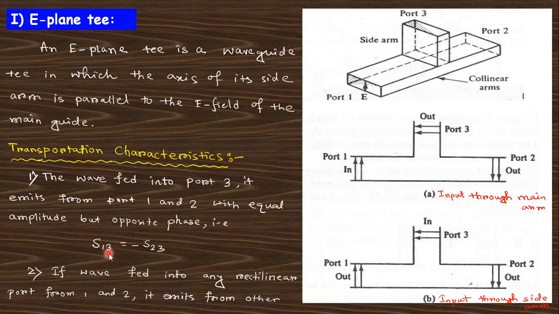You know this scattering parameter very well because we already discussed it in the previous lecture. S13 means the microwave transmitted from port 3 to port 1, right? And another scattering parameter, S23, is the microwave transmitted from port 3 to port 2, right?